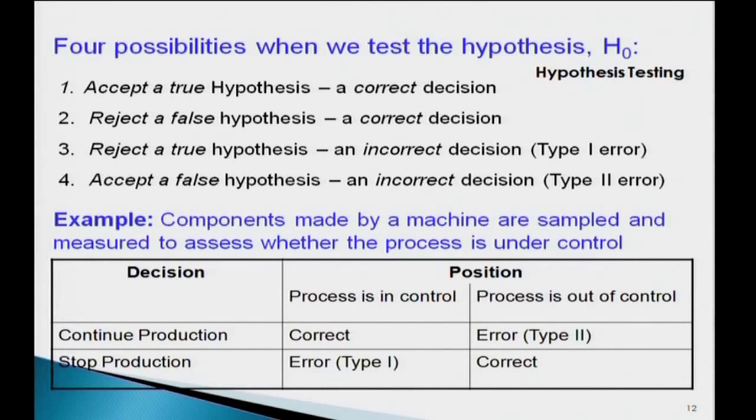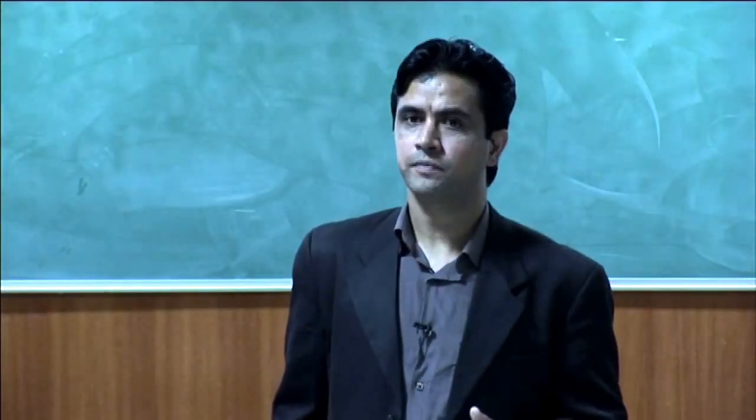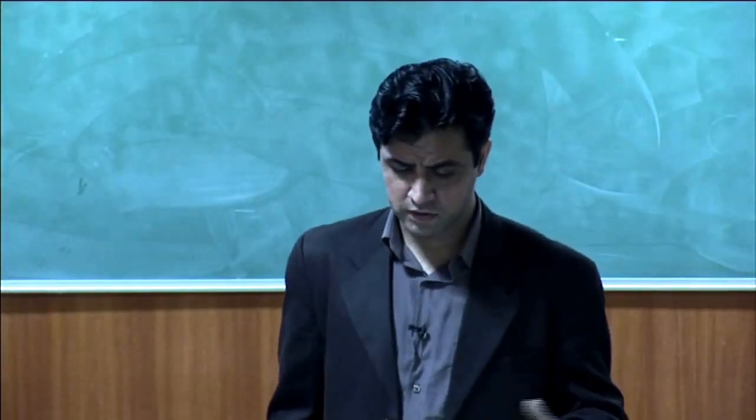To understand it better, here is an example of components made by a machine that are sampled and measured to assess whether the process is under control. The supervisor takes a certain sample, and on the basis of the sample, he decides whether the process is under control.